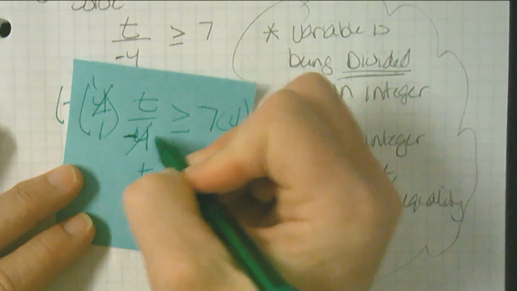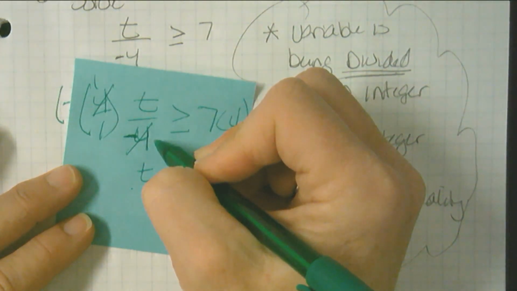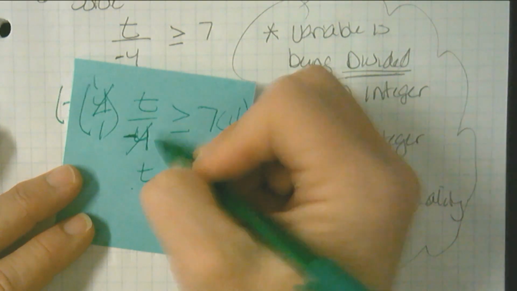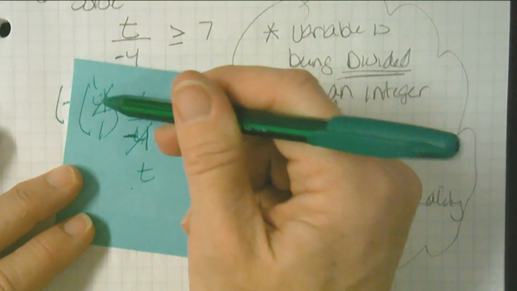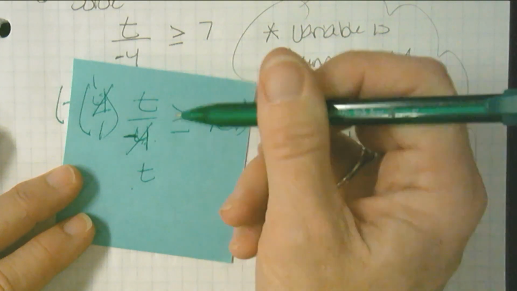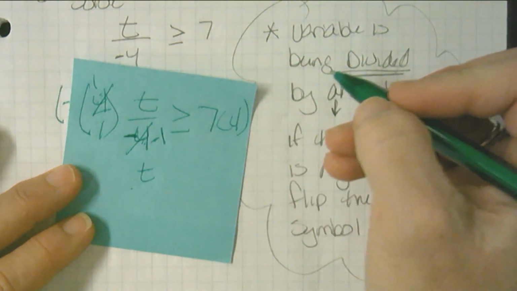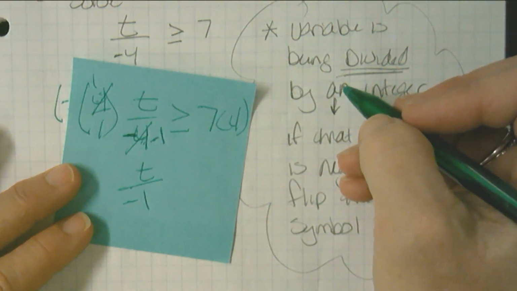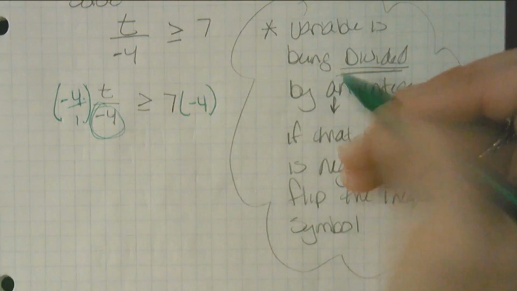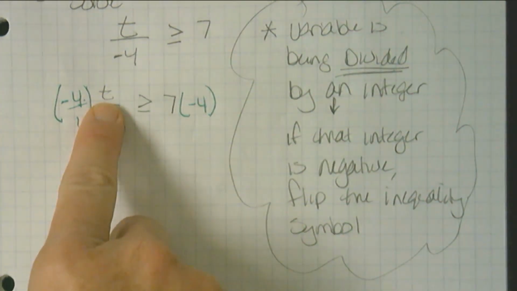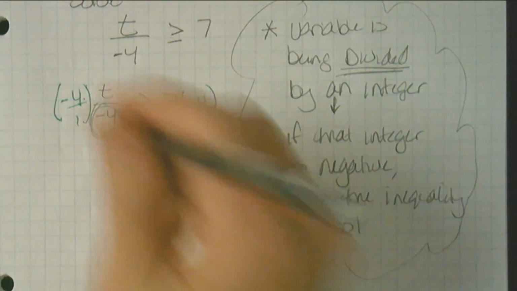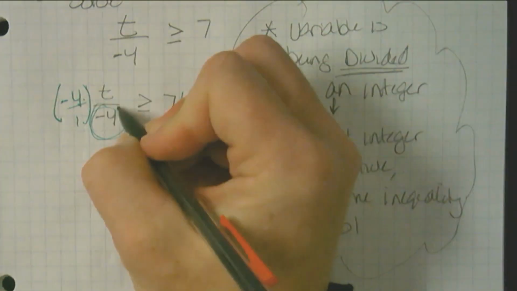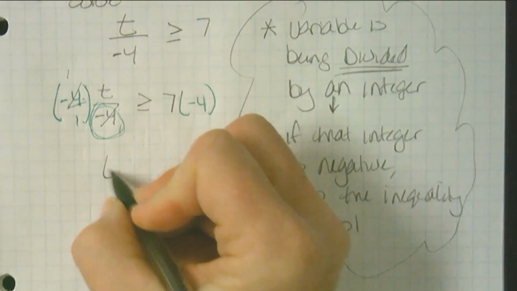What am I left with in the denominator here? Positive 1 or negative 1? Why? I'm dividing out a 4 out of both of these. This is a positive 4. This is a negative 4. So aren't I left with a negative 1 here? So this ends up being t divided by a negative 1. Is that what I wanted? No, I want that to be a positive 1, our coefficient. So when we multiply, we need to multiply by exactly the same number the variable is being divided by. So the negative 4's divide out, and I'm left with a positive.